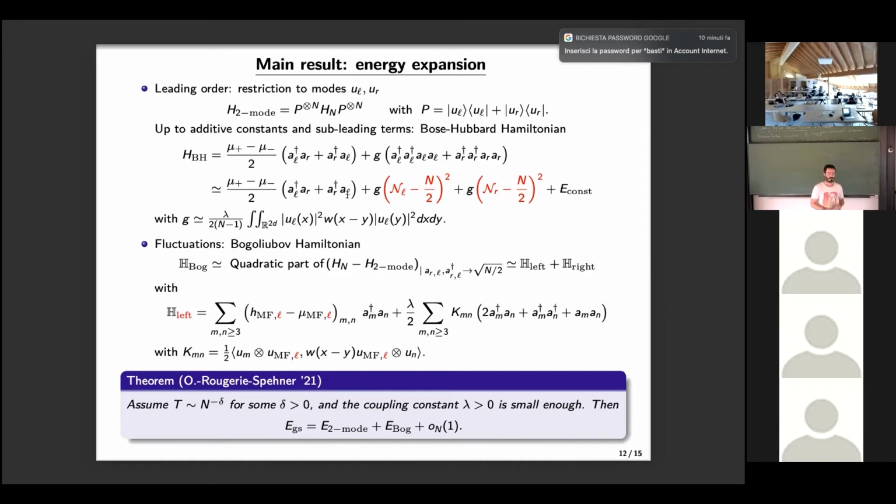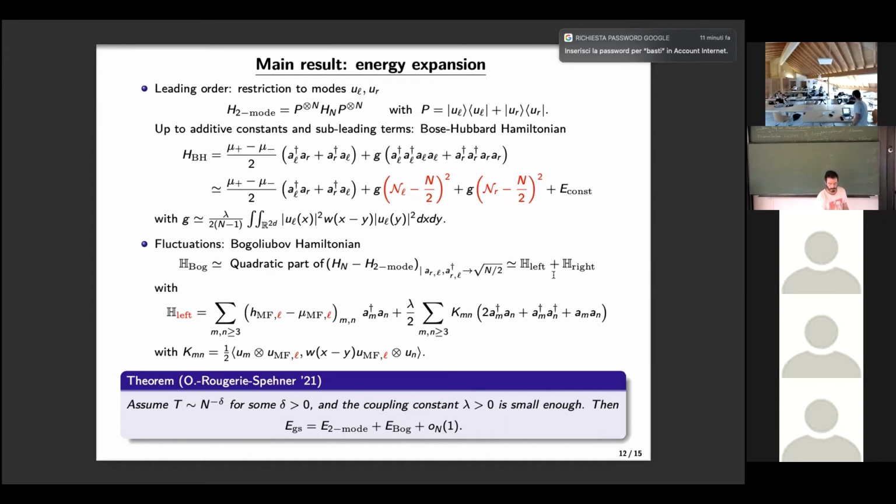So you subtract the condensate, the leading order part, and then you replace all creation and annihilation operators for the leading order part by their expectation, let's say, so square root of n divided by 2 in our case. And then you throw away a lot of junk. And the quadratic operator that you have is the Bogoliubov Hamiltonian. And for us, okay, we can do it, no problem. It's a formal prescription after all.